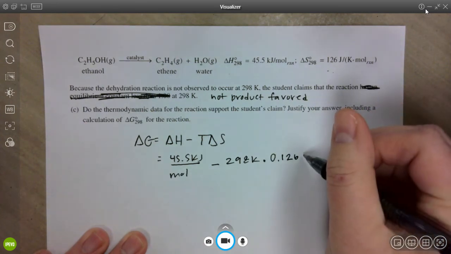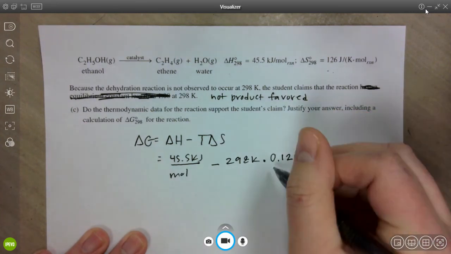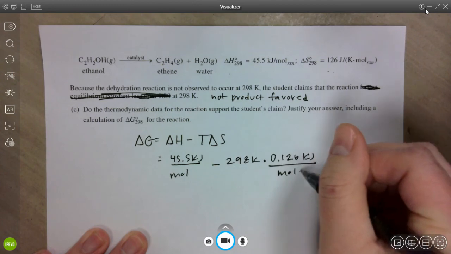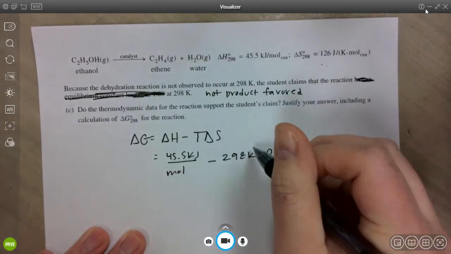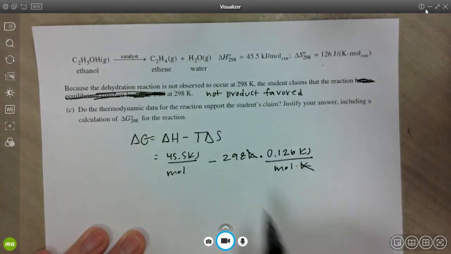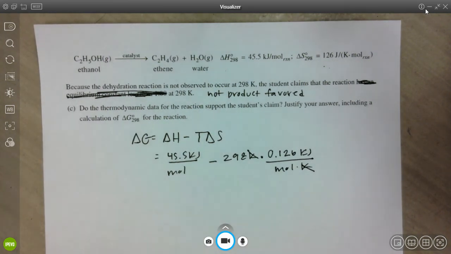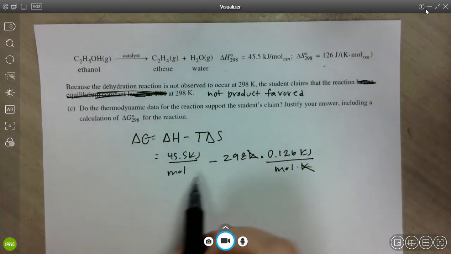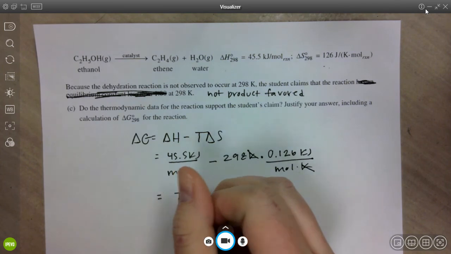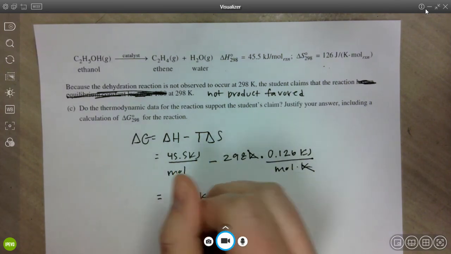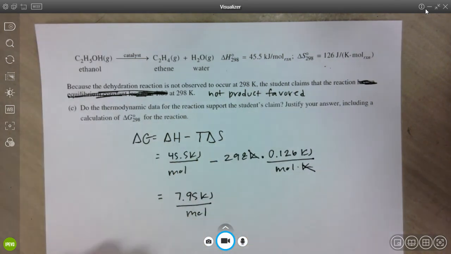So it's 0.126 kilojoules per mole Kelvin. The nice thing here is that the Kelvin cancel out, and we're left with kilojoules per mole and kilojoules per mole. If I do the multiplication and then subtract the two, I get a value of 7.95 kilojoules per mole for my Gibbs free energy.